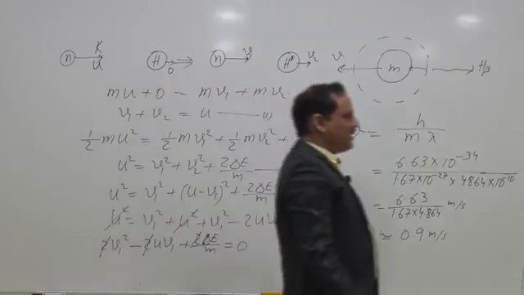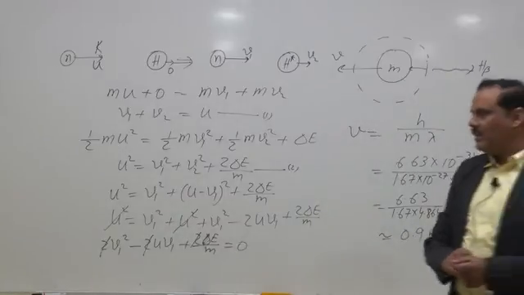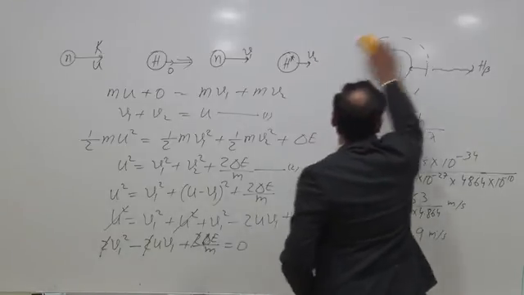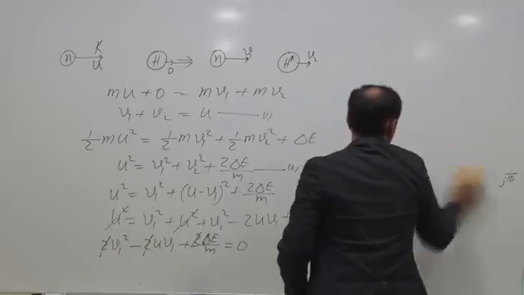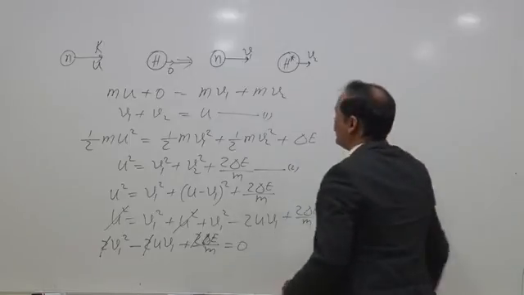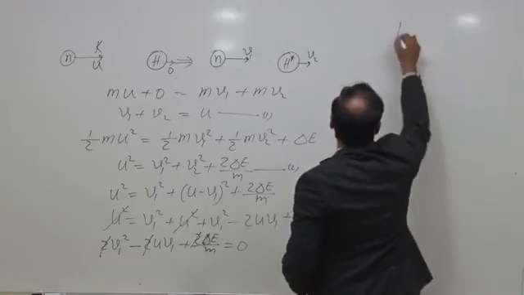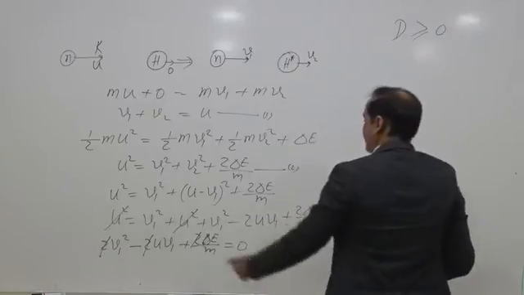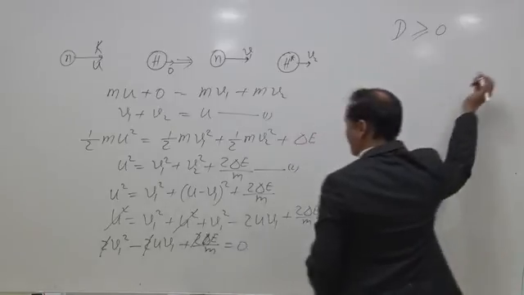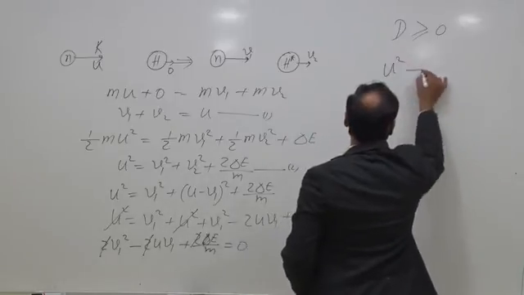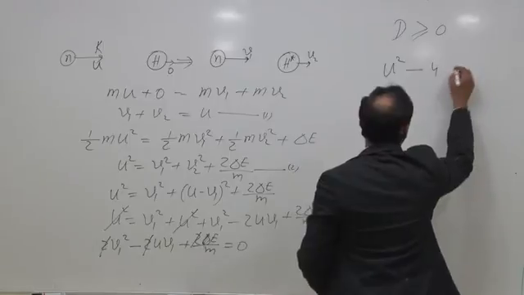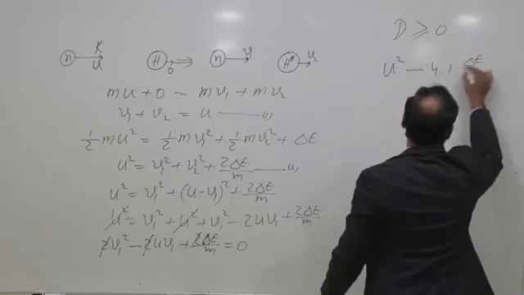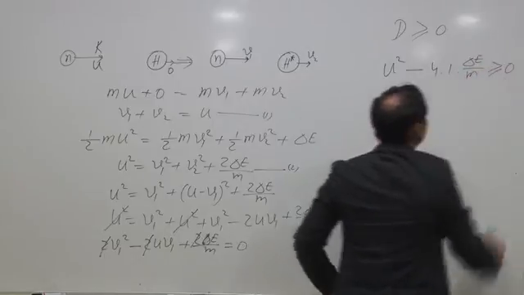Speed of the particle cannot be imaginary. So the discriminant of the quadratic equation has to be positive, as speed cannot be imaginary. So the discriminant of the equation has to be greater than or equal to 0. The discriminant is b square minus 4ac, that is u square minus 4, a is 1, into c is delta E by m, greater than or equal to 0.